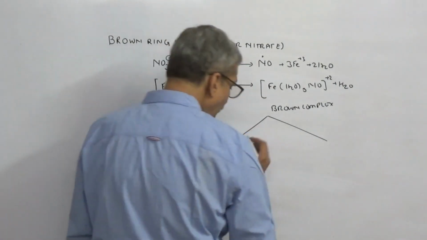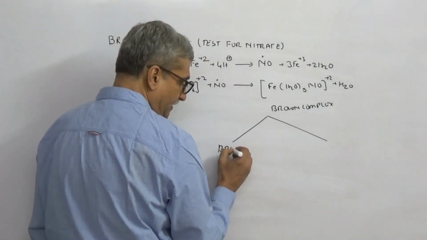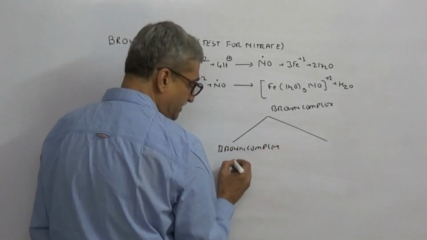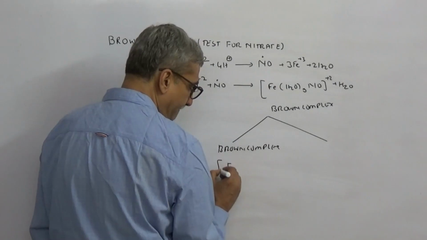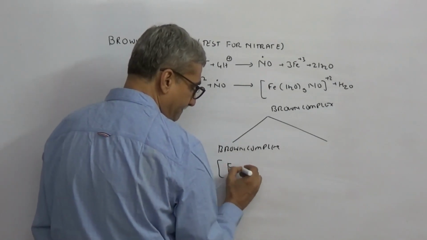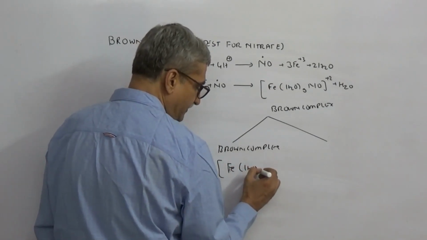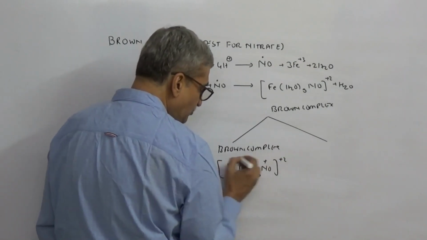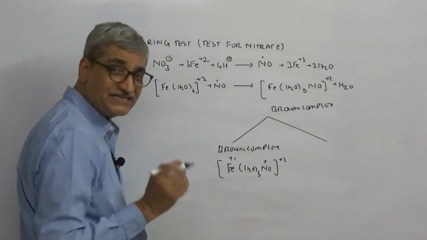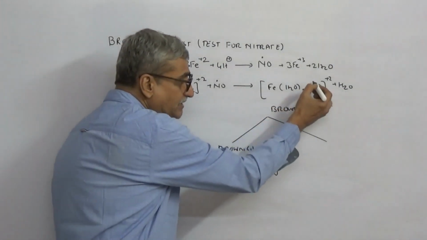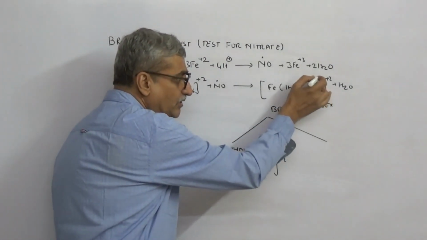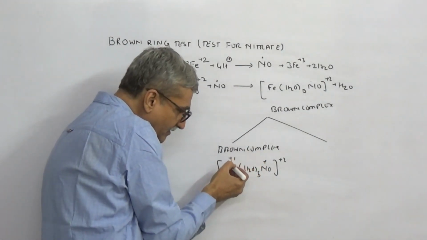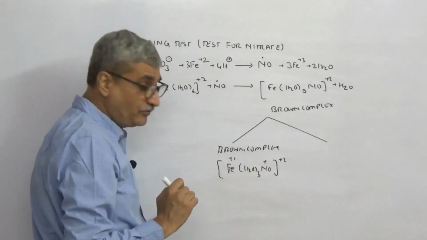When it is a brown complex, we have Fe, (H2O)5, NO+. So this plus 2 is because this is Fe plus 1. Nitric oxide, I have been repeatedly telling you, is an odd electron molecule. So there is a transference of electron from here to here. So here the name will be what?